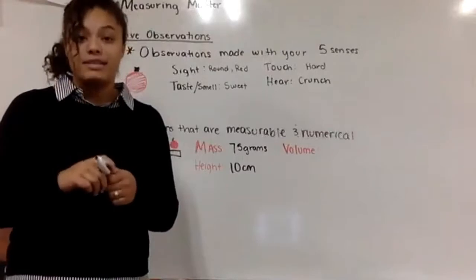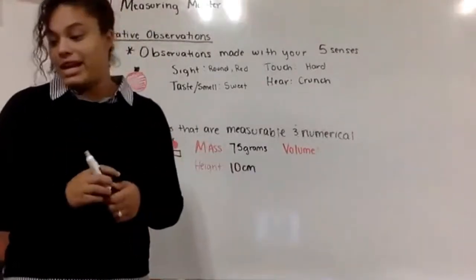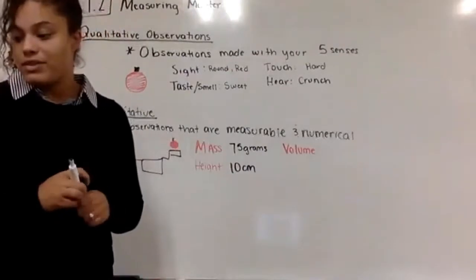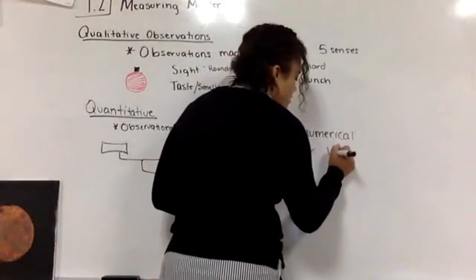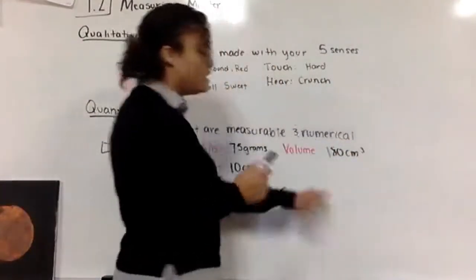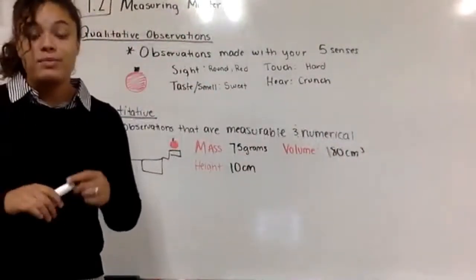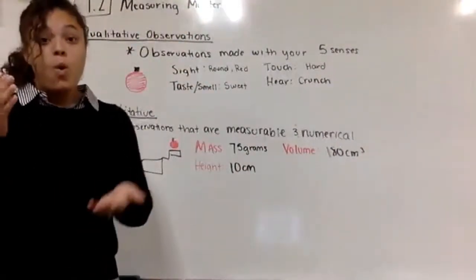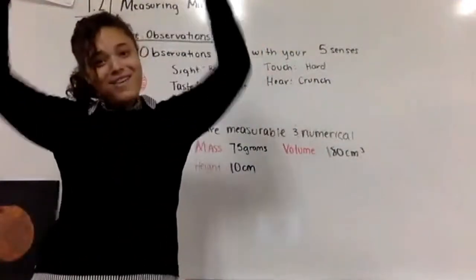And we'll talk about displacement in a hot second. But first, just to give you an example of the volume measurement that we are going to use for this apple, we're going to say it's 180 centimeters cubed. Depending on how you find that volume, you're either going to use centimeters cubed or you're going to use liters, which we're going to talk about right now.